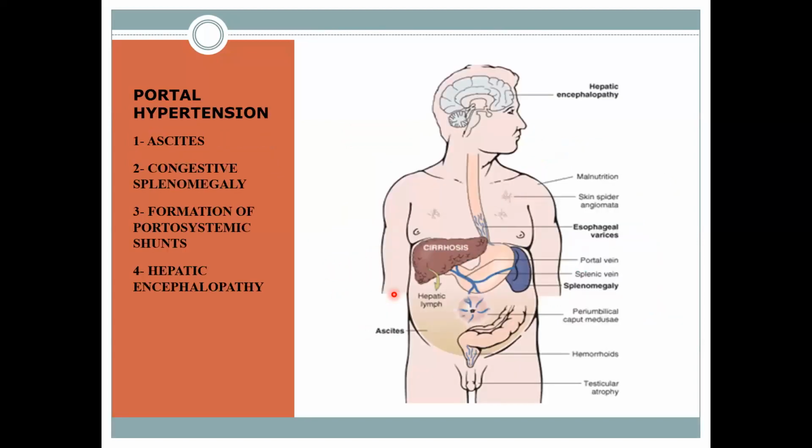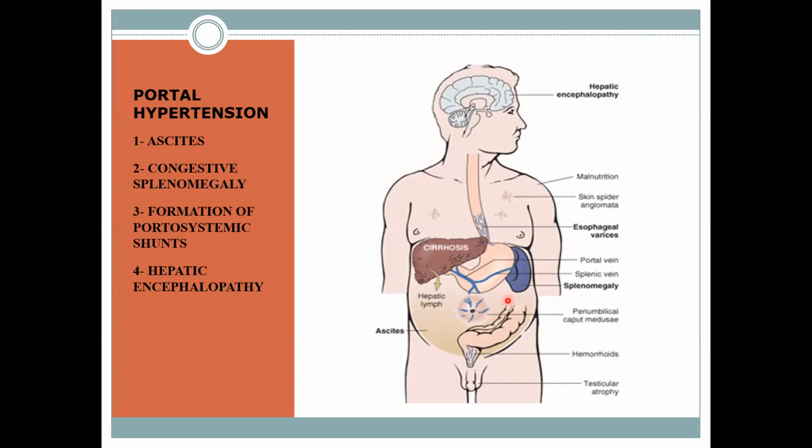Now here's another picture that is going to show you everything in a nutshell. As a result of the cirrhosis of the liver, there is a backup of the lymph in the abdomen, from the flow into the liver and into the portal circulation, resulting in ascites. As a result of the backup of blood from the portal circulation into the systemic circulation, you will start to see caput medusae in the periumbilical region, and splenomegaly.